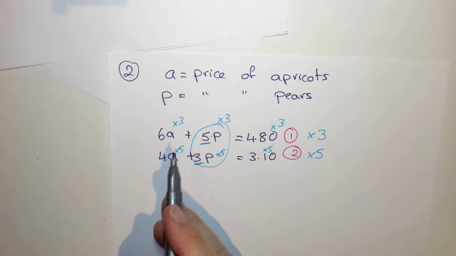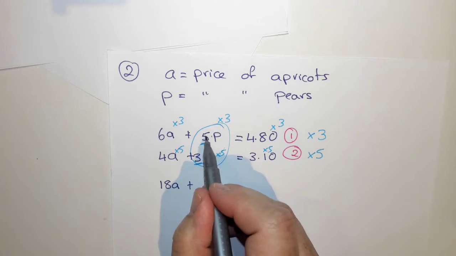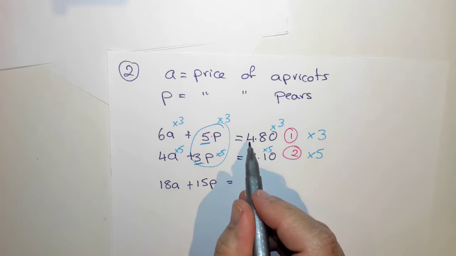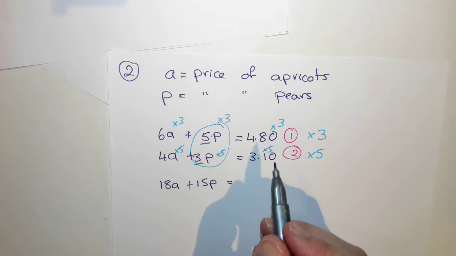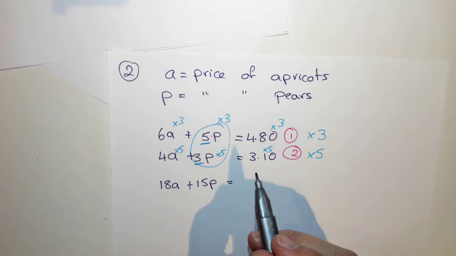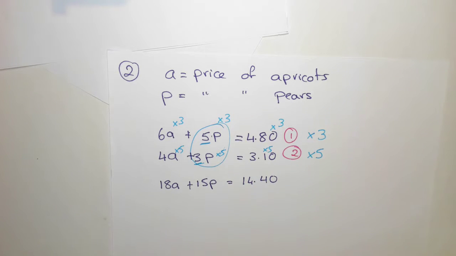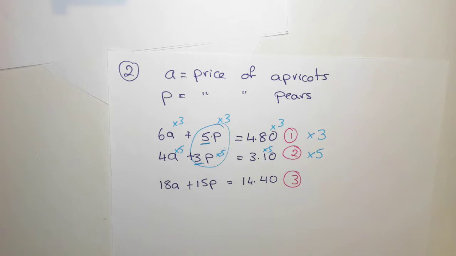So 6a times 3 is going to give me 18a, plus 5p times 3 will give me 15p, and $4.80 times 3 will give me $14.40. So I'm going to call that equation number 3.